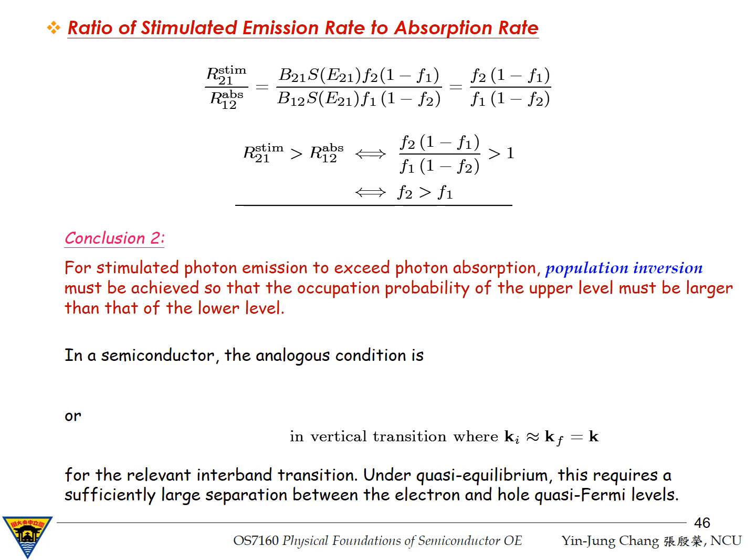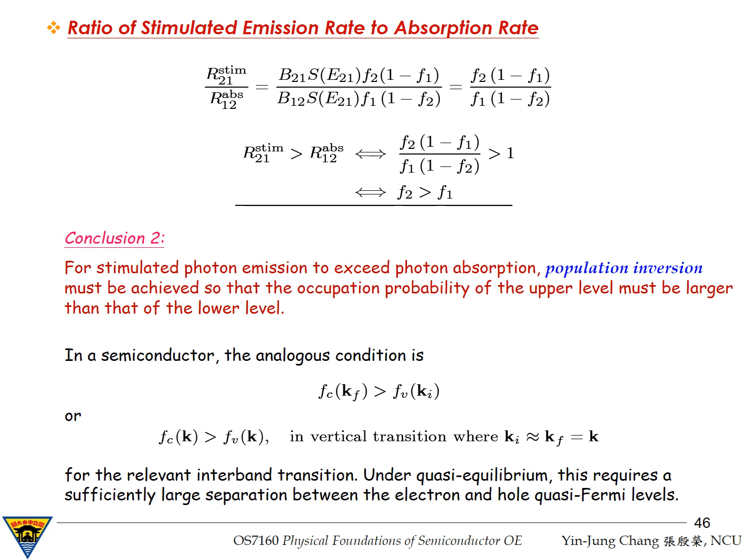When we later move from a two-level system to a semiconductor, this condition will become a condition on carrier distribution in the conduction and valence bands. For a direct interband transition, the corresponding condition is that the occupation of the conduction band state must exceed that of the valence band state for the same transition energy.